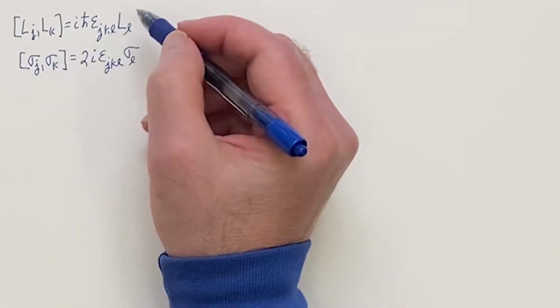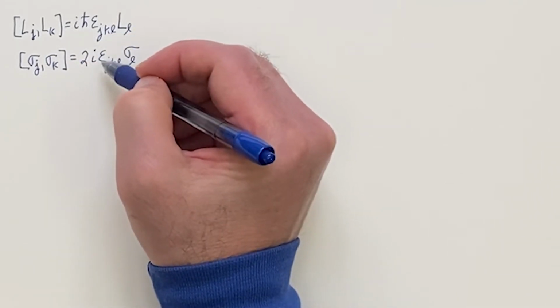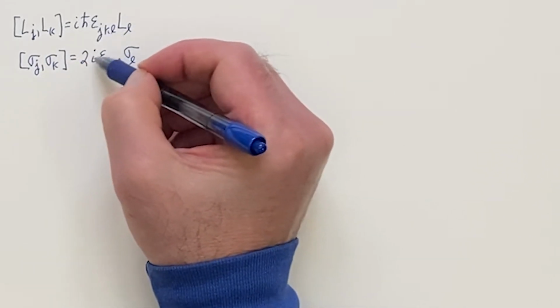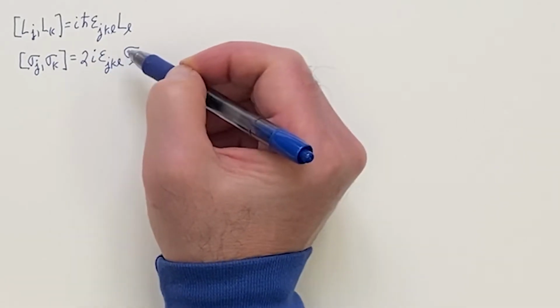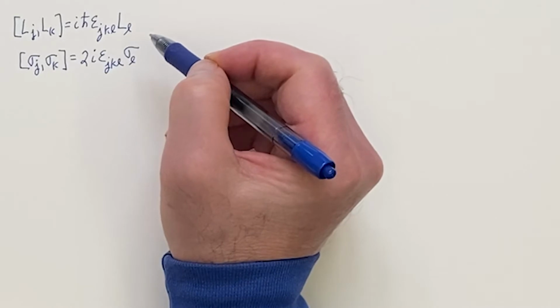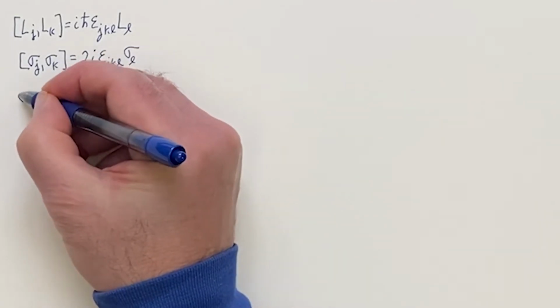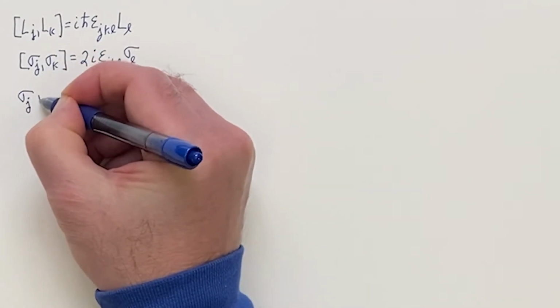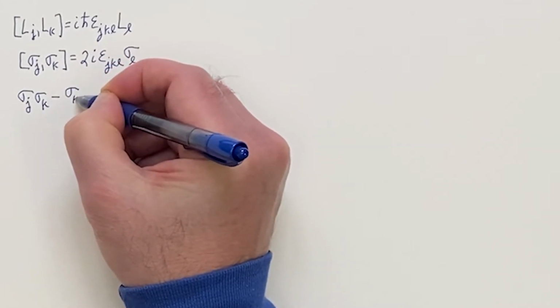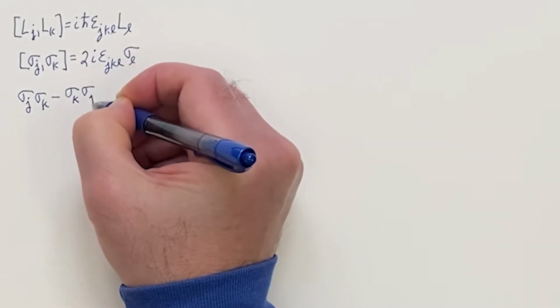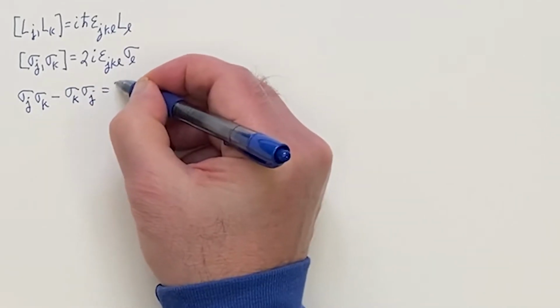Very, very close. Can we make this bottom one look the same? We need to get an h bar in here somewhere, and we need to have a 2 go away. Well, let me write out what this commutator is in detail so we can see precisely what that left-hand side is.